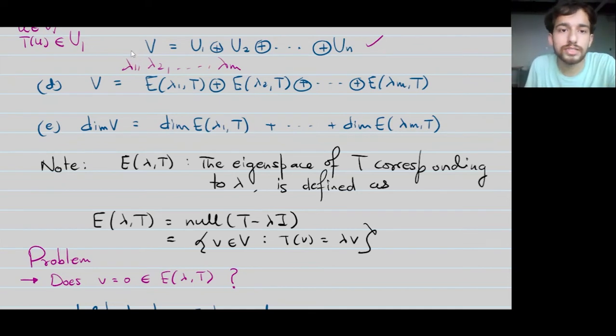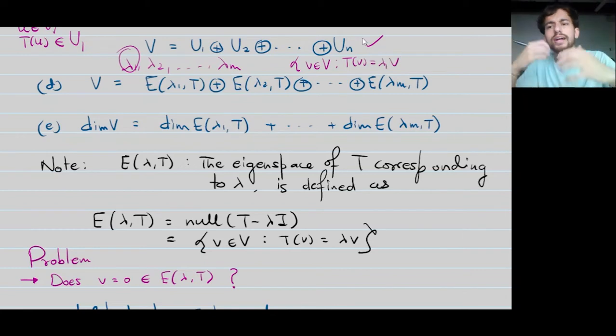So suppose I choose my lambda 1, some particular fixed value. Just for the sake of understanding, if I consider this collection of those v in my vector space such that T of v is lambda 1 of v. This is small v, just a clarification: this is not the vector space, this is an element of the vector space. So I'm collecting all those vectors in my vector space which satisfy this condition, that is T of v equals lambda 1 of v, and I close it inside a bracket.